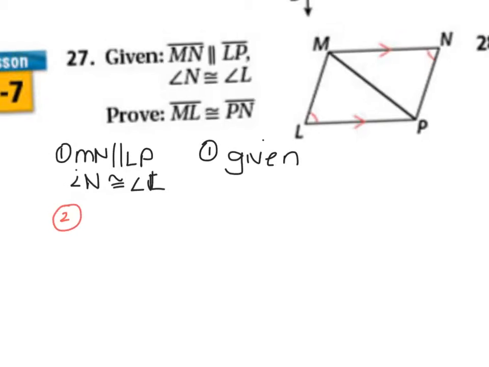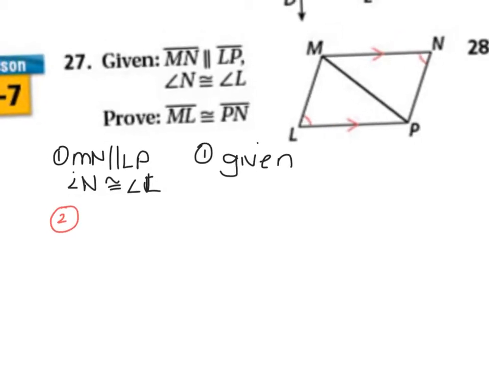So what else can you tell me about this diagram that's not already marked? Look for the obvious. MP equals MP. Good. The reflexive side, MP equals MP. So the question really is, if I wrote MP equals MP, could you identify that as reflexive? Hopefully all of you would say yes, and if that's the case, then you're okay.